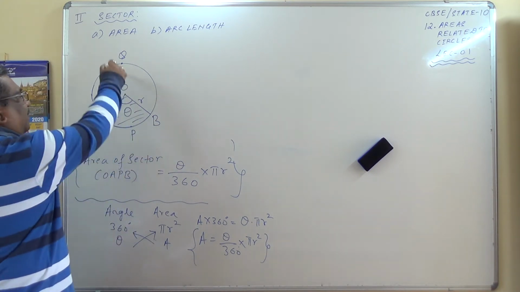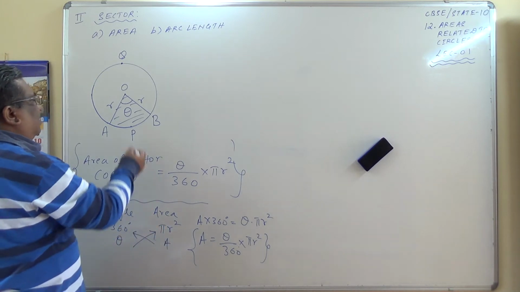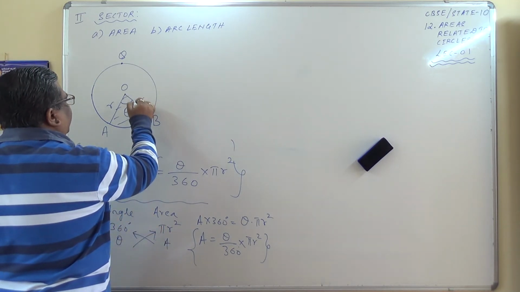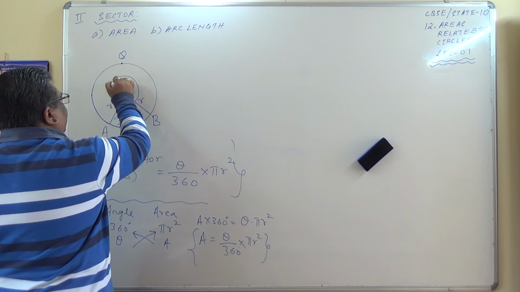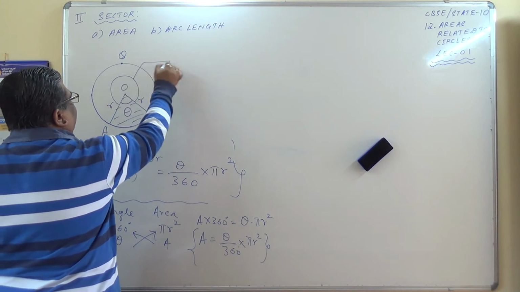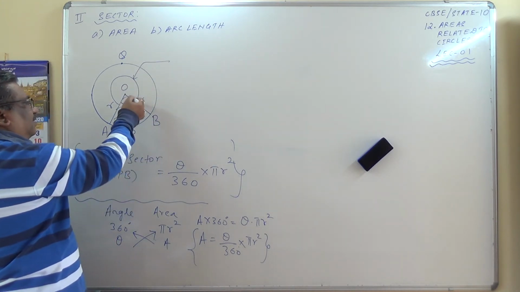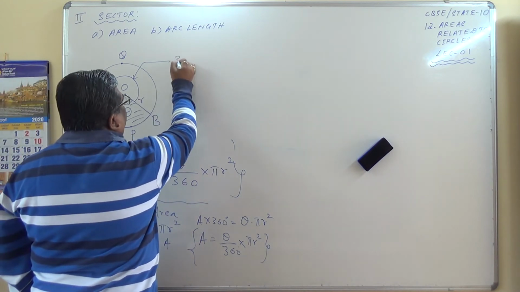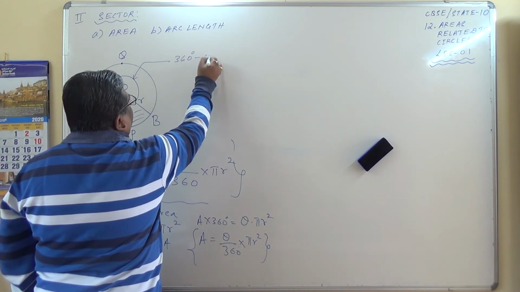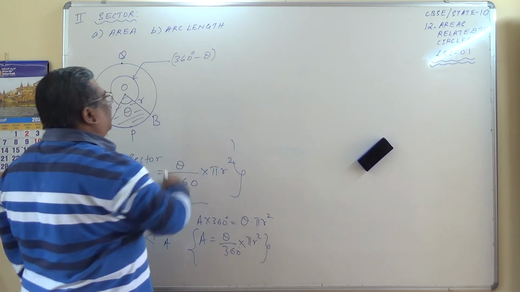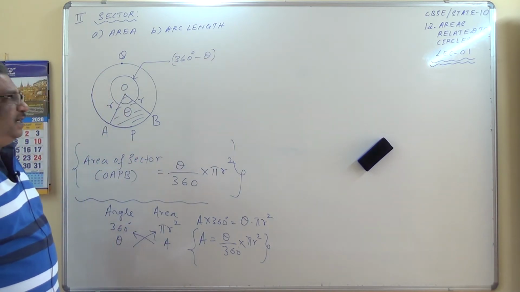How to find out the major sector area? Simple here. To find out the major sector area, we must know this as the angle. What is this angle basically? This angle is the reflex of theta, which is nothing but 360 degrees minus theta. So this is called the reflex angle of theta.